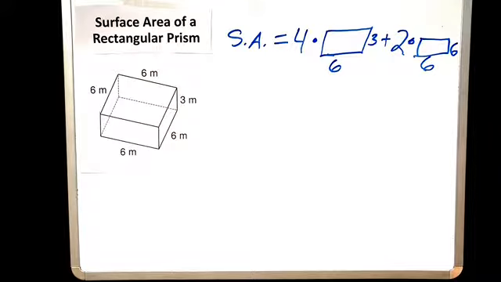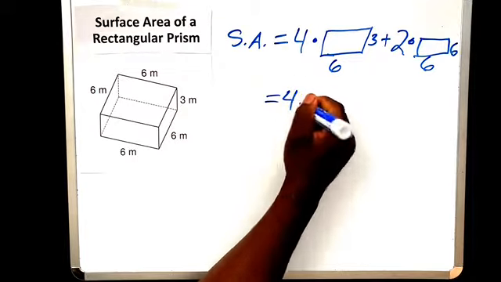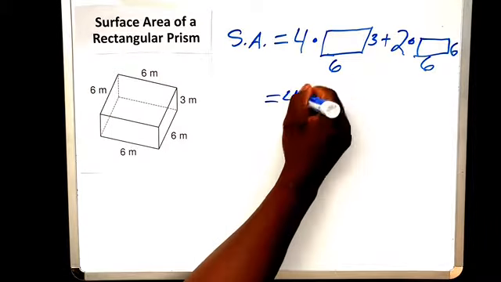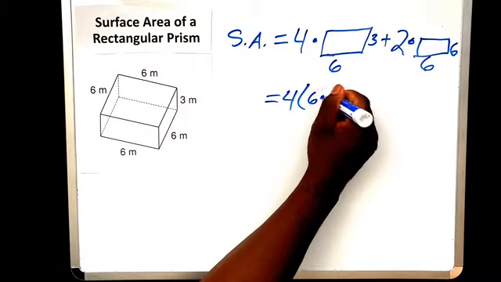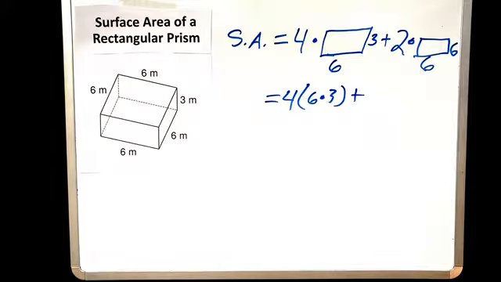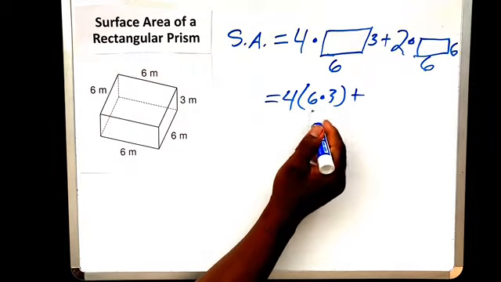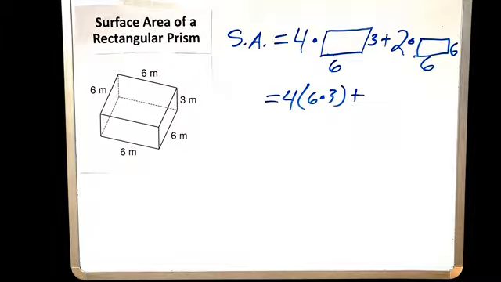All right, so now we're going to go ahead and start substituting. So we have 4 times 6 times 3 plus, all right? Where we have 4 rectangles which both have the dimensions 6x3.